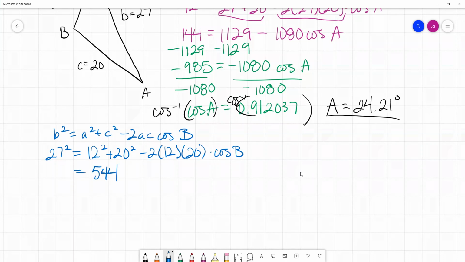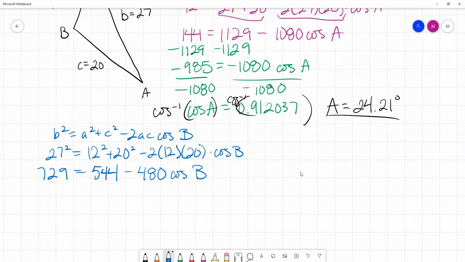I don't know what 27 squared is, so let's get that. That is actually 729. Okay, and then 2 times 12 times 20. Well, 2 times 12 is 24. 24 times 20, that's going to be 480. And I'm going to put that in my calculator just to make sure, because now I'm doubting myself. Yep, 480. So minus 480 cosine of B.